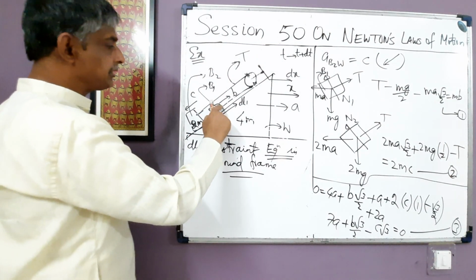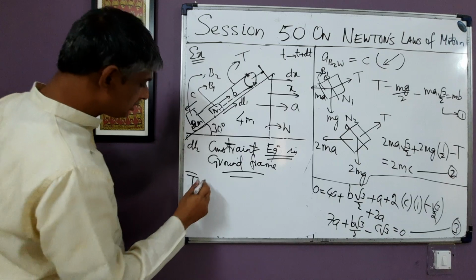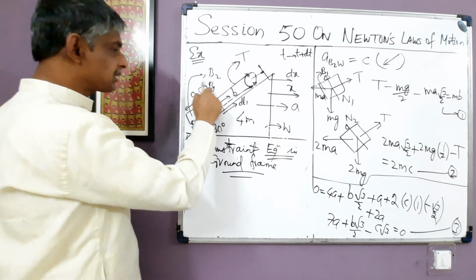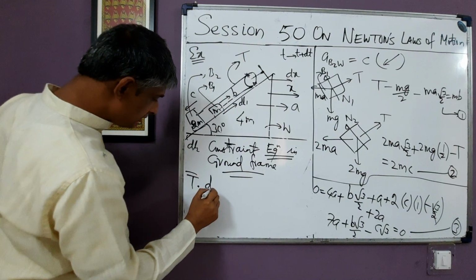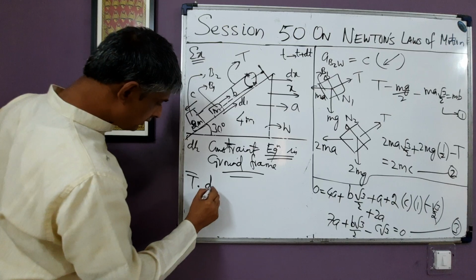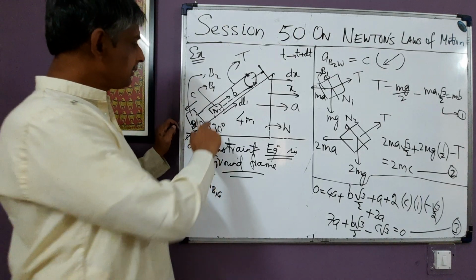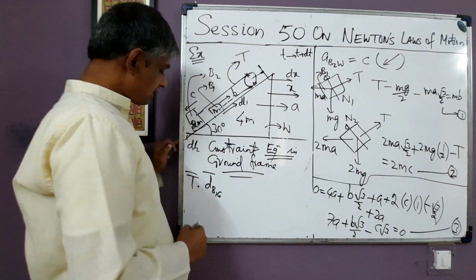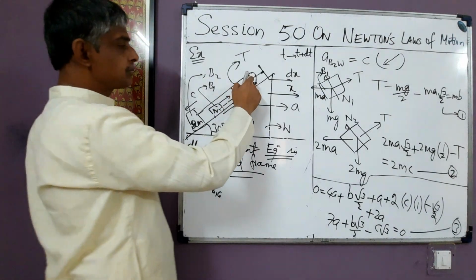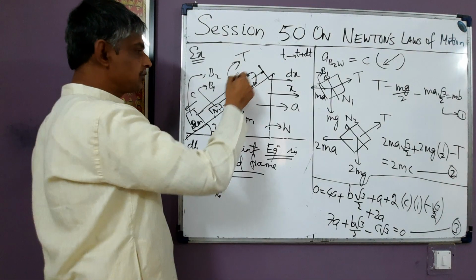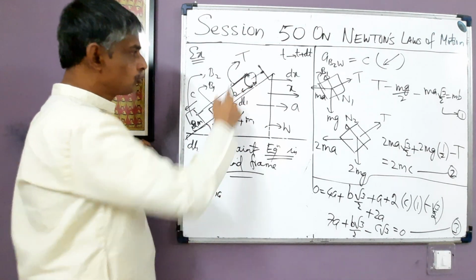So what do we write in this? T dot displacement of block B1 with respect to ground, let's call it dB1G. Displacement of block B1 with respect to ground. Okay. Plus on this pulley, effectively force acts at this point and this point, 2T.